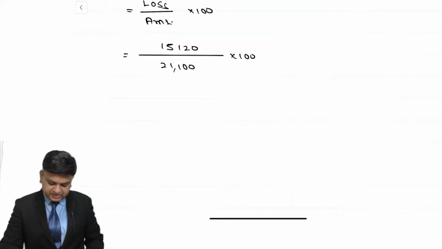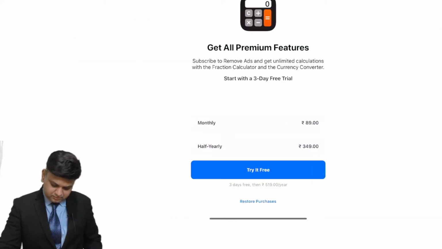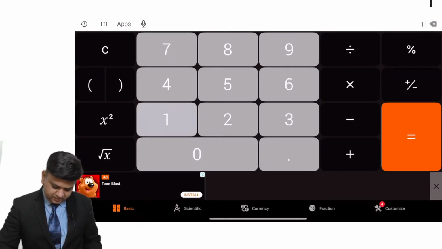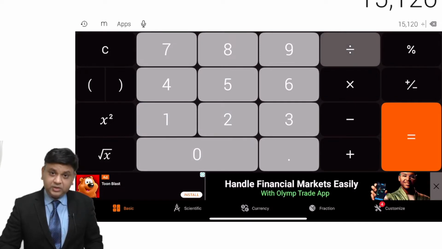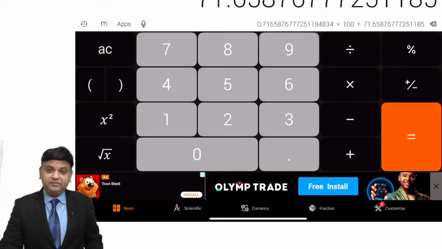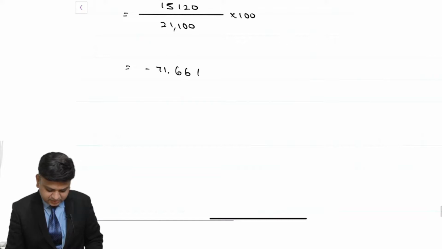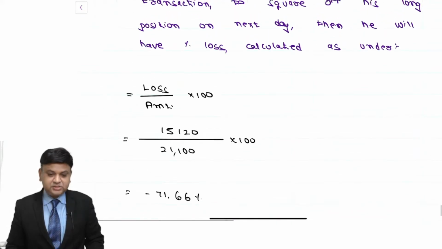So if at all he is having a loss of 15120 on investment of 21,100, means he will be having a loss of 71.66%. This is the loss that he is going to have.